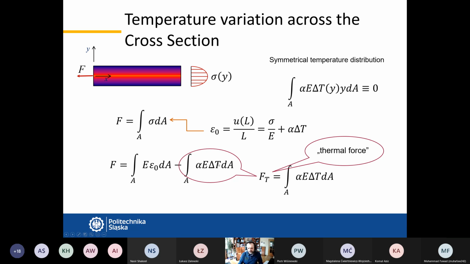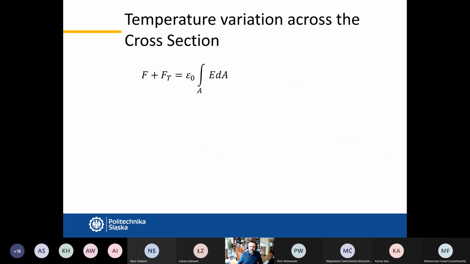So going further, we can write it as F plus Ft. So mechanical force plus thermal force is epsilon 0, which is constant if the temperature distribution is symmetrical over the height of the material.